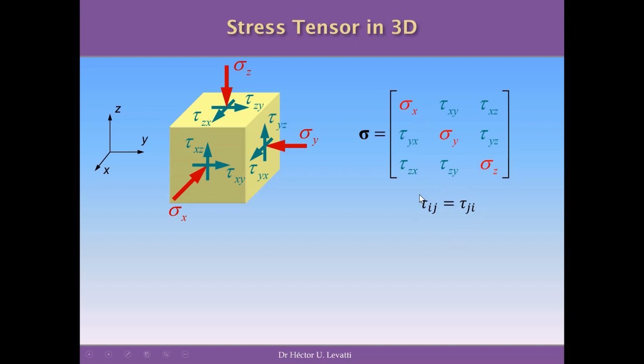This is what we call an indicial notation. I'm not going to define the indicial notation, but I think the idea is intuitive: tau ij is equal to tau ji. So there is a symmetry regarding the diagonal in this tensor or matrix, and this is a property of the stress tensor.